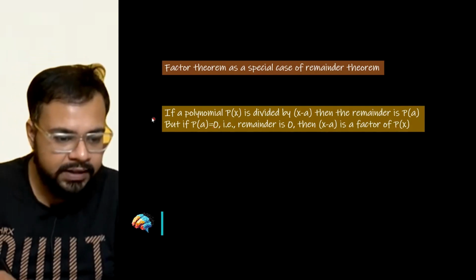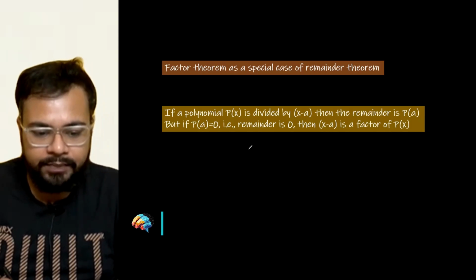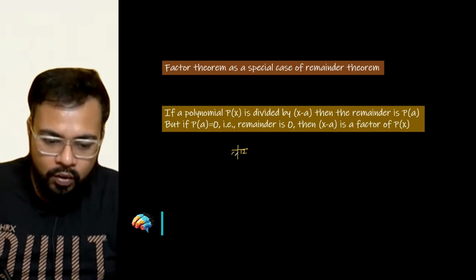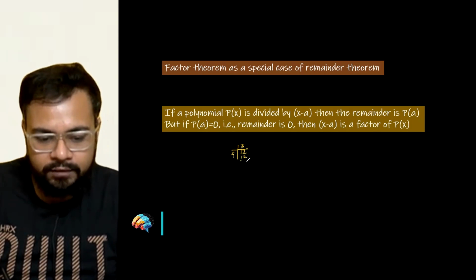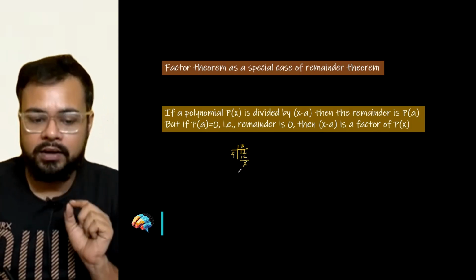What is a factor? Let's revise it one more time with numbers. For example, you are dividing 12 by 4. We know 4 3s are 12. Division is complete. There is no remainder.